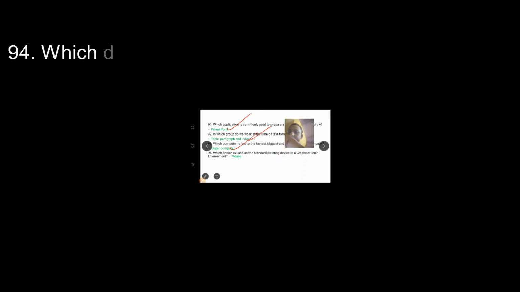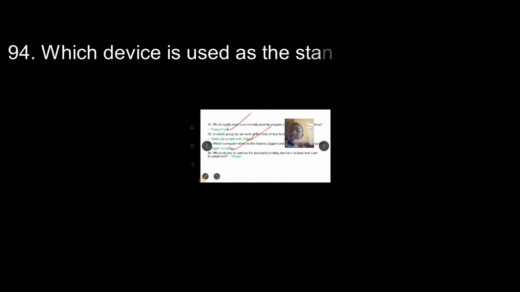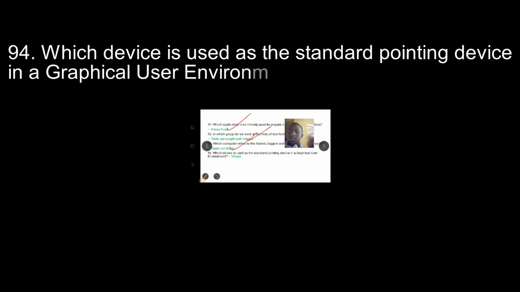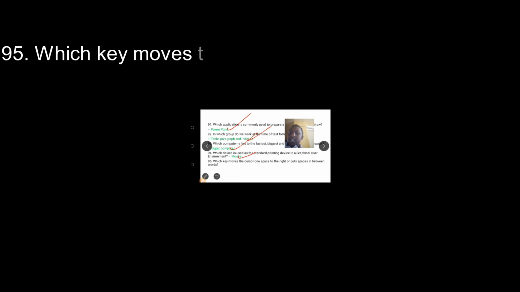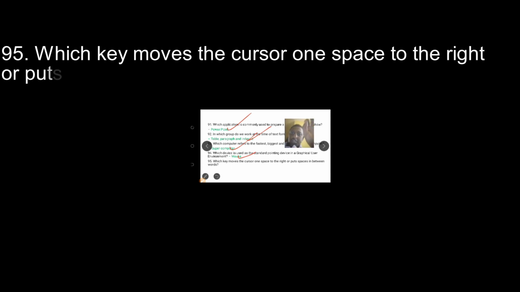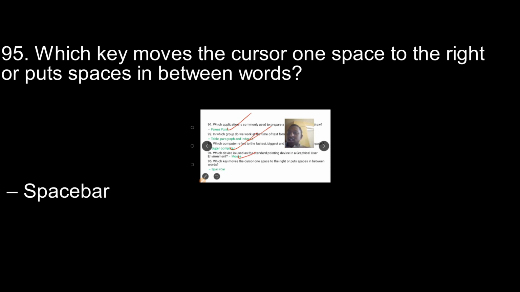Which device is used as a standard pointing device in a graphical user environment? It is called the mouse. Which key moves the cursor one space to the right, or makes space between words or letters? This is called the space bar.